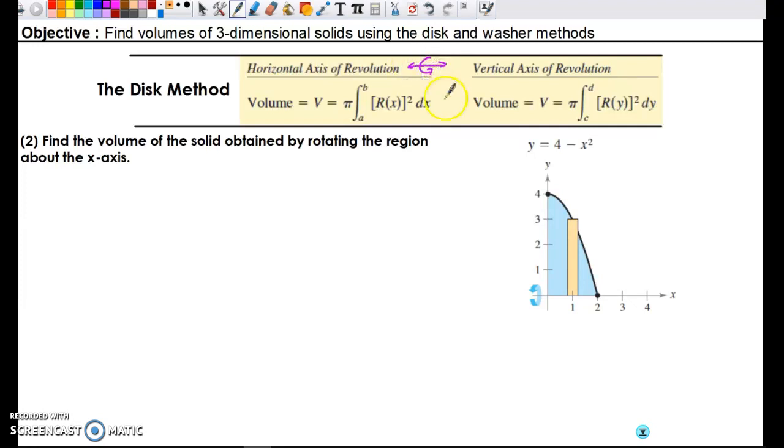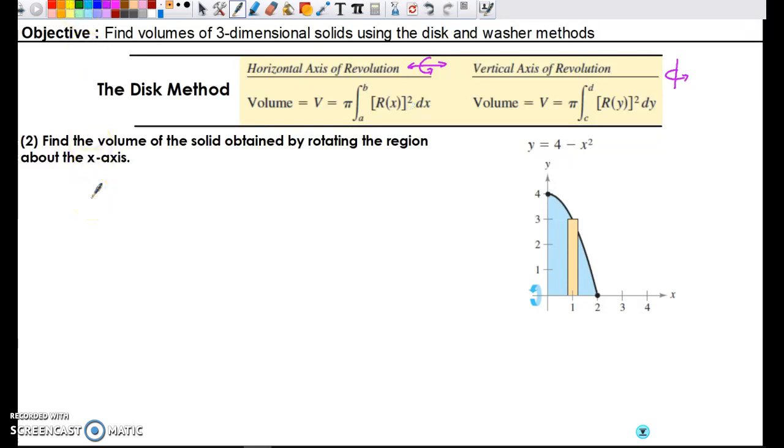This is going to be the more standard situation. A vertical axis of revolution is going to have a function in terms of y's, and it's going to rotate about, say, the y-axis. So when it says vertical axis of revolution, that means that your rectangles are actually horizontal. And when it says horizontal axis of revolution, that means your rectangles are actually vertical. You'll see what I mean as I go through these examples.